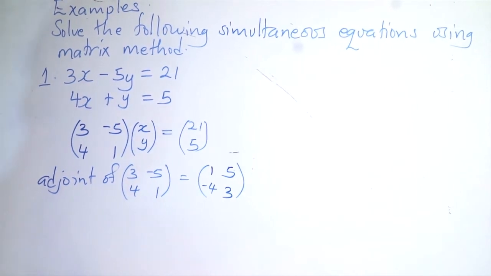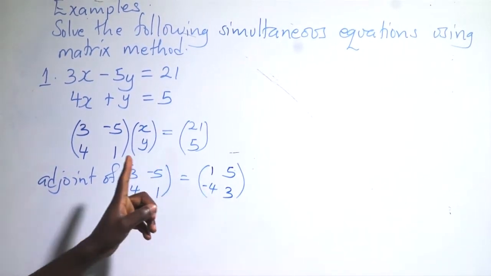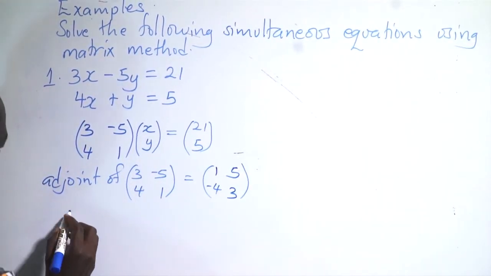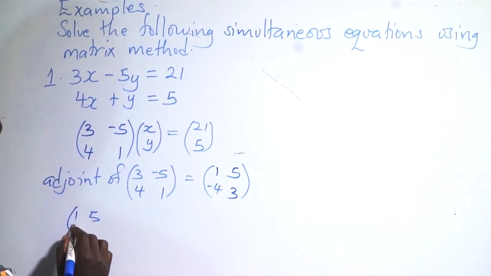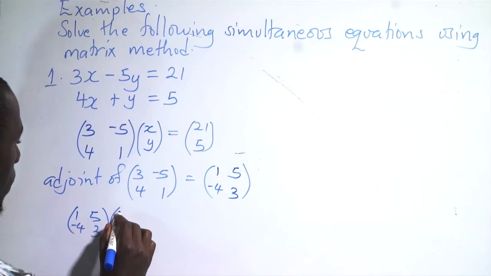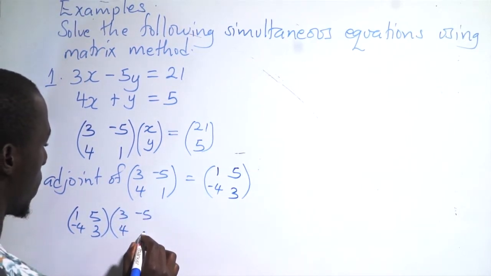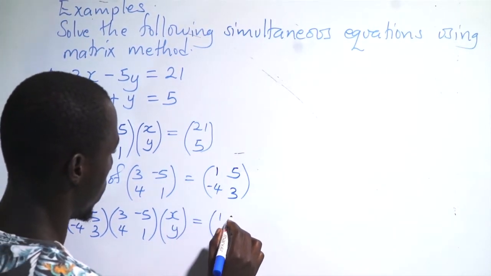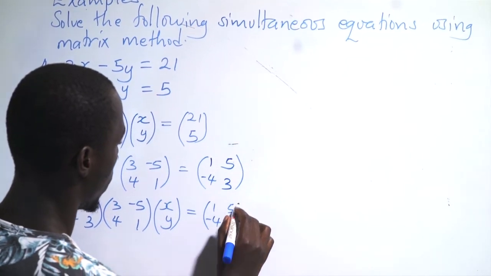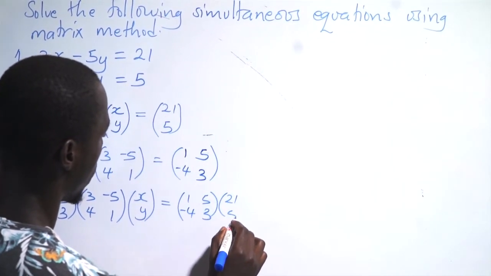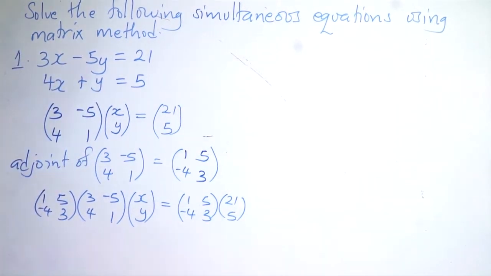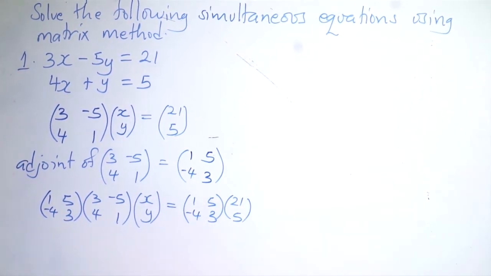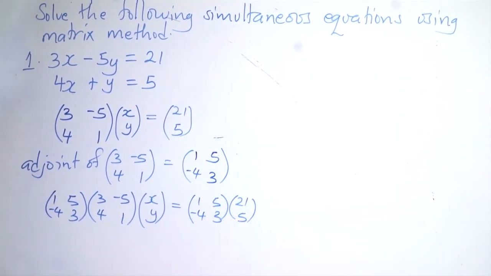Then step number 3, we are going to get this adjoint and then we left multiply it on both sides of the equation. So I've showed you that I'm going to multiply the adjoint on the left hand side of the equation.